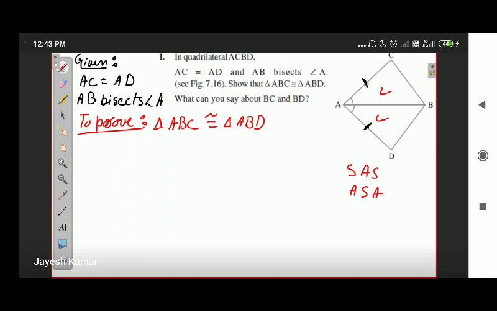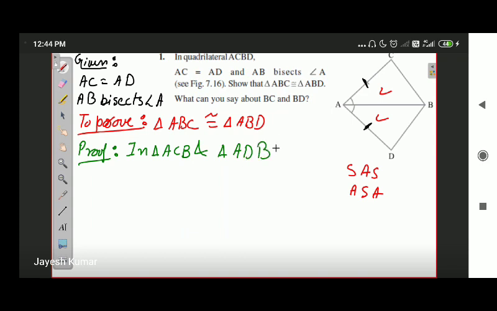For the solution, first of all, we will talk about the triangles that we are going to focus on. So triangle ACB is the first triangle that we are going to focus on, and then triangle ADB. I wrote it incorrectly once again.